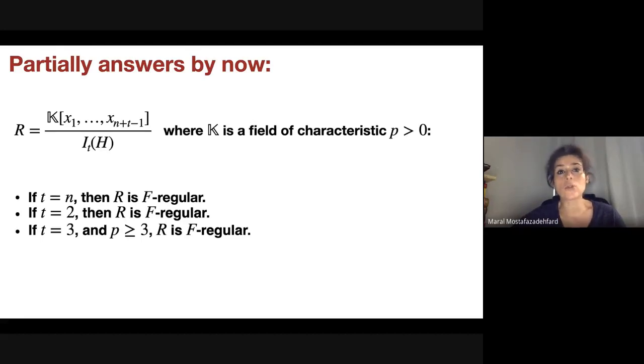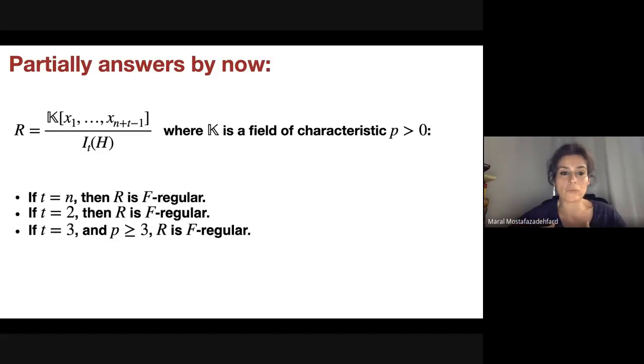And we know that the notions of rational singularity and log terminal singularity in the Gorenstein case are equivalent. So for t equal to n, we had it, because we have shown that they have rational singularities. So in the Gorenstein case, they are F-regular.